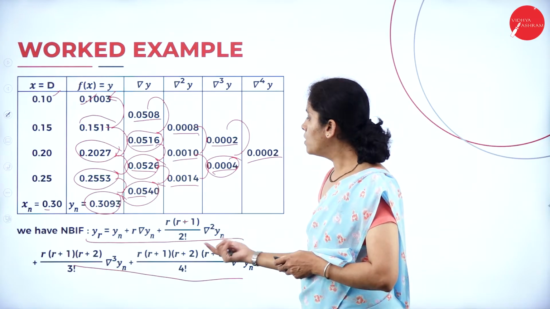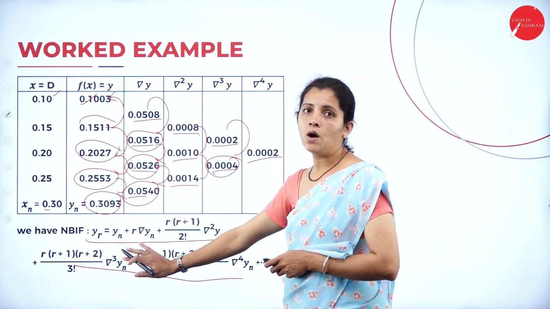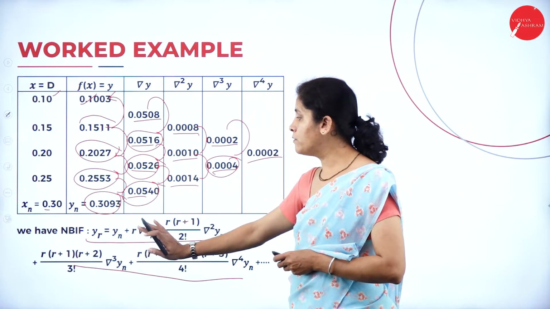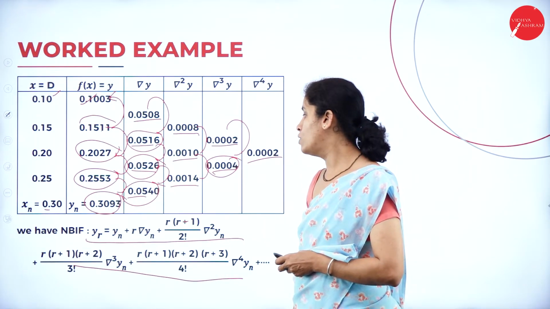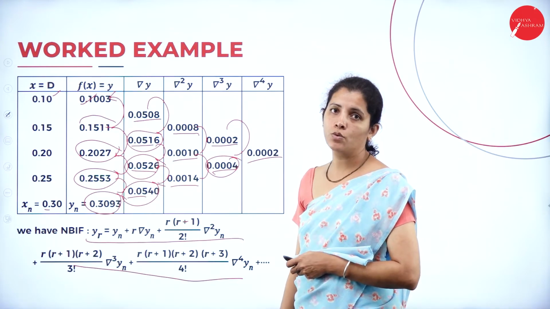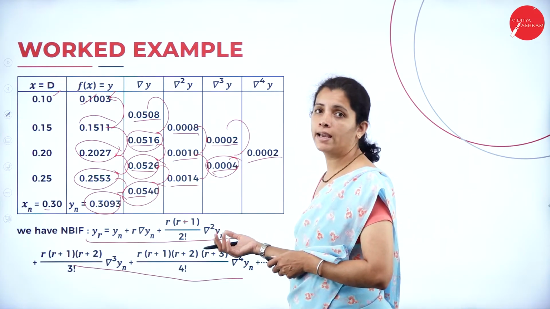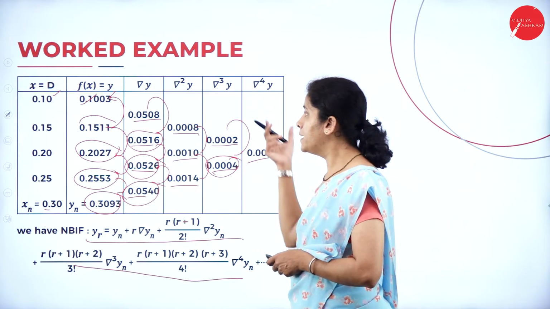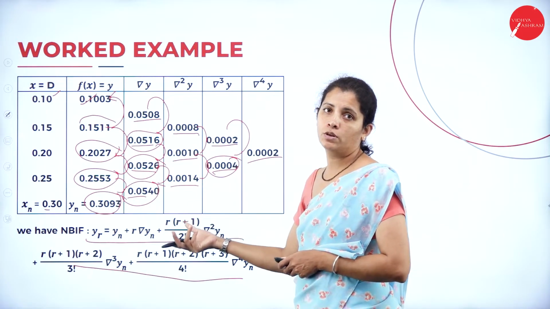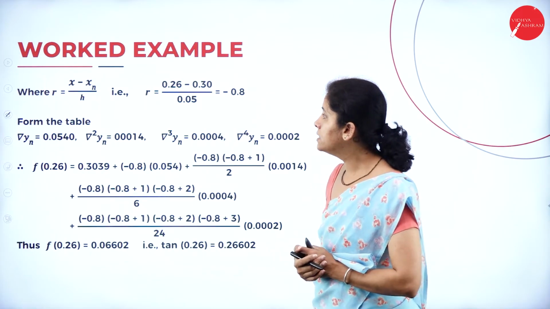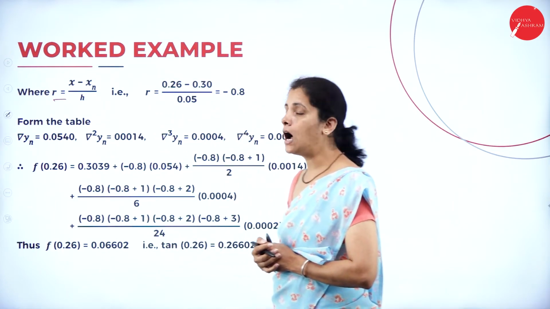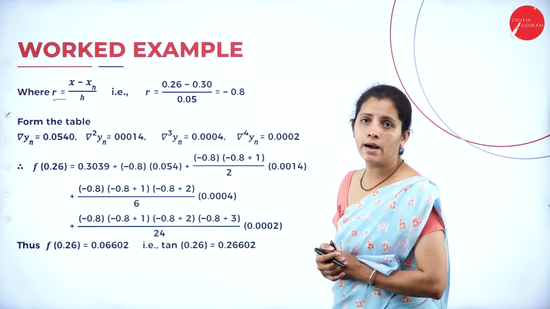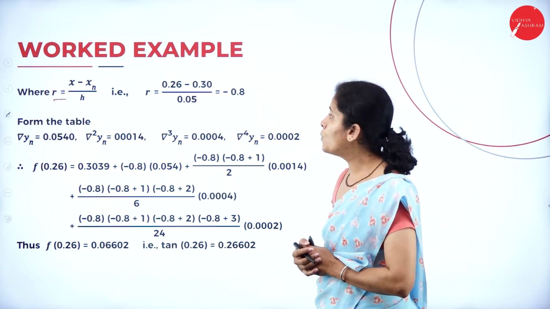Okay, now according to this formula, what are the things I want? I want yn, then I want r, I want delta yn, delta square yn, delta cube yn, and so on. Based on the table, I am going to construct the formula. Now, see here, I want to find r. To find r, I have the formula x minus xn. So, what is x?